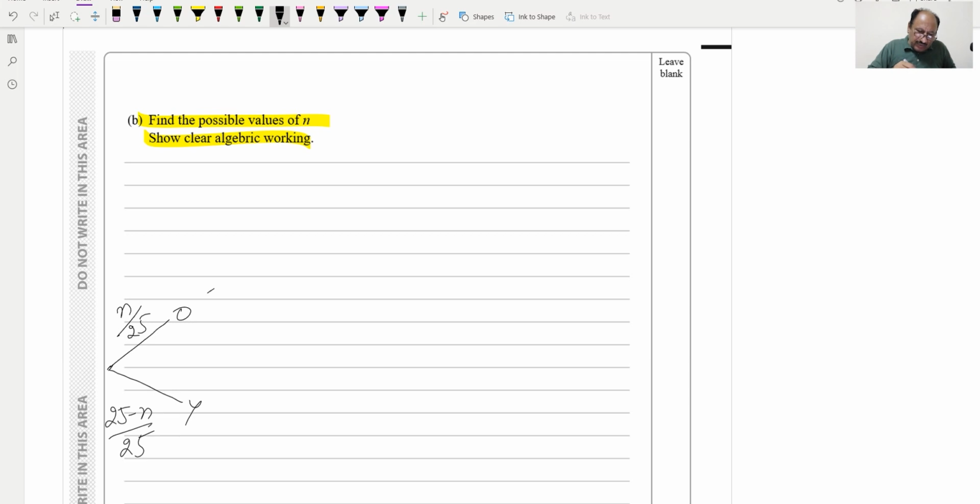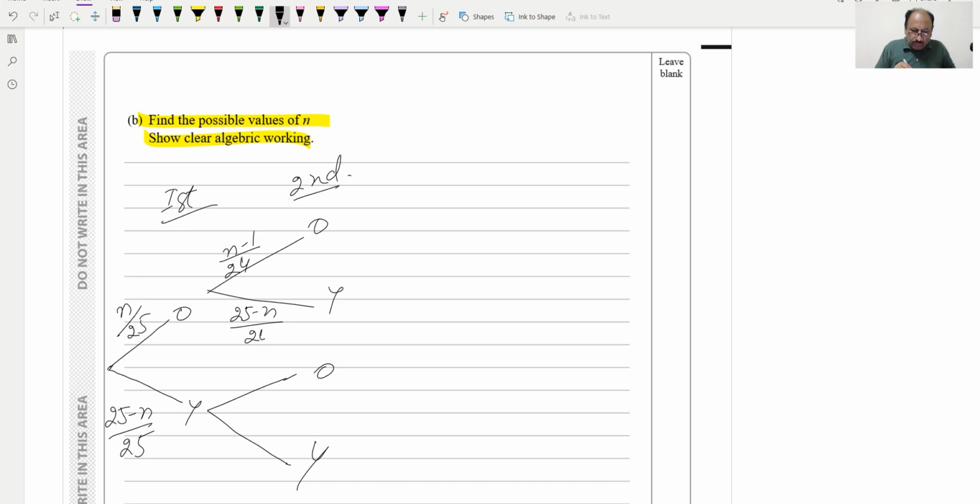And for the second draw, we will draw like this: one is eaten. So this is the first draw and this one is the second draw. If one orange is gone, it will be n minus 1 because orange is gone, and the total is reducing to 24. Because orange is gone, yellow stays the same, so yellow will be 25 minus n, but the total is 24.